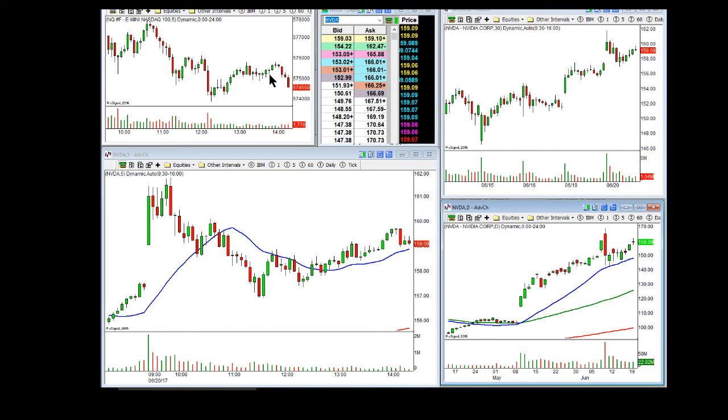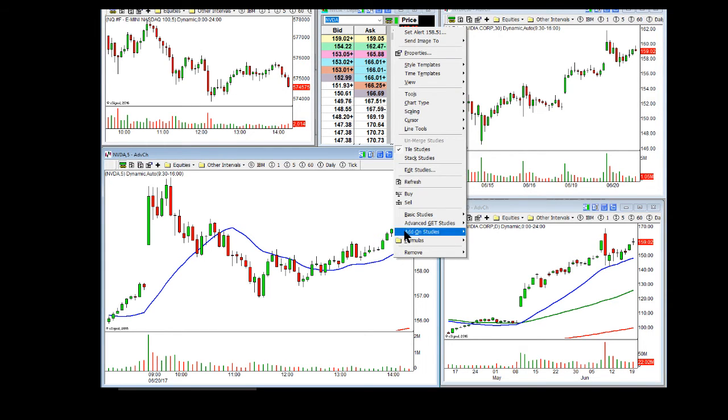So the more weakness that comes into the futures here, the greater the odds that NVIDIA begins to break down. And you can see this retracement here happened at exactly the same time, which we can look at.